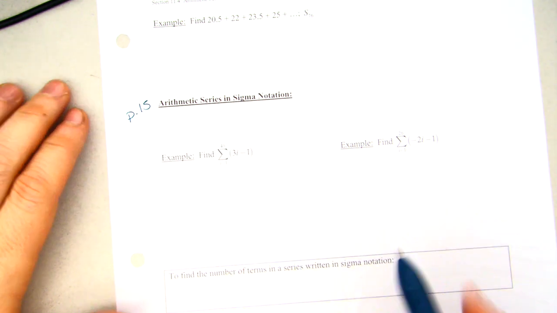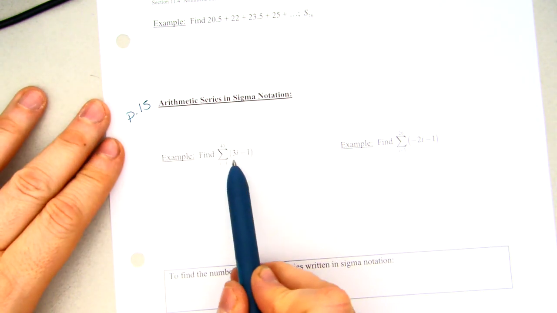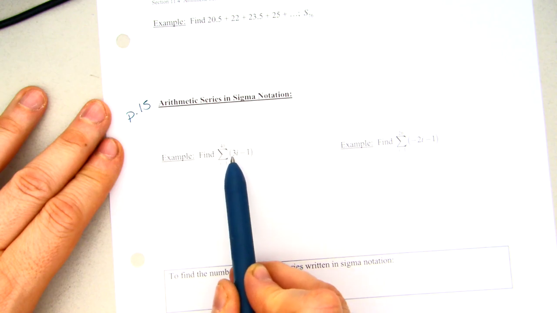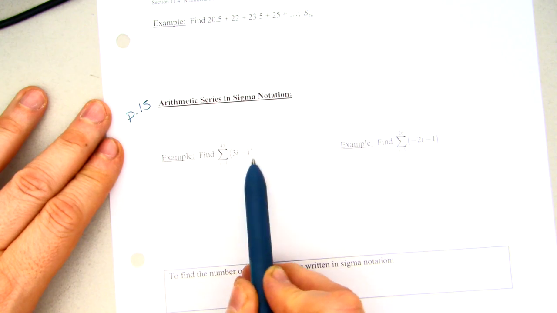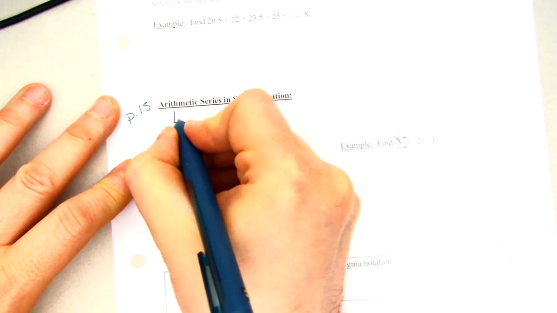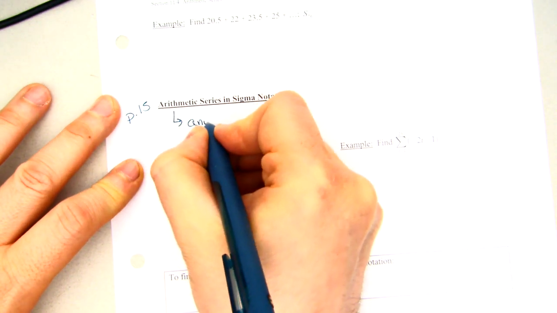First of all, any series where the thing inside the sigma is linear, just some constant times your variable plus or minus some other constant, anything in that form will be arithmetic. Let me write this out.